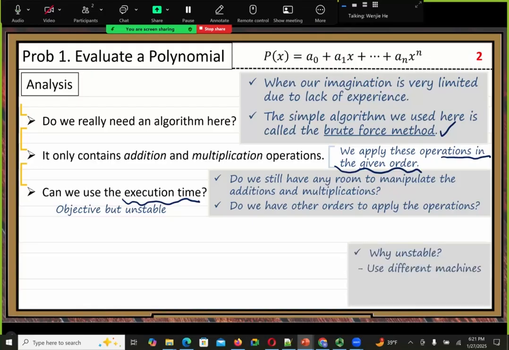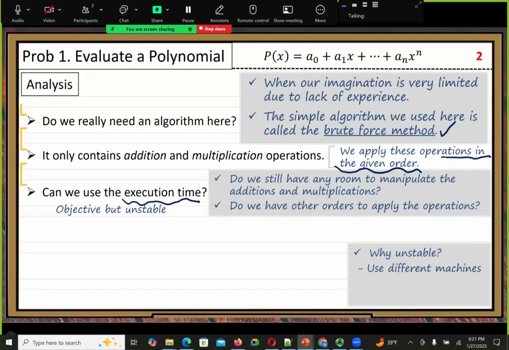Think about it: when you run the program, which machine do you use? If you use your PC, you can run it, but some other people use a supercomputer. The Google lab, they have one too.